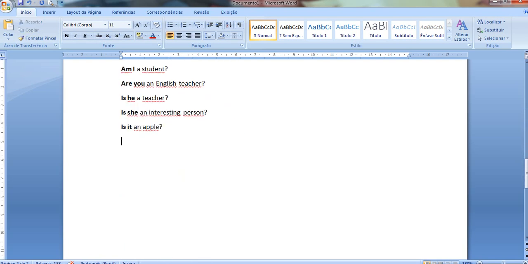Let's do this. Are we students? Okay, letter S to indicate plural form, because we is a personal pronoun that we use for plural form only. So the form of the verb be for the personal pronoun we is are. Are we students?